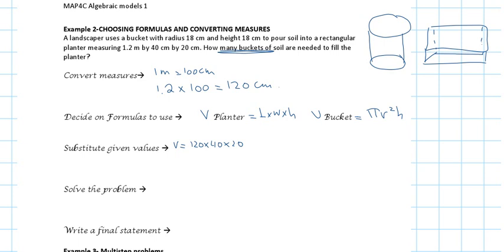And what would be my unit? Centimeters cubed. And then for the bucket, I just do pi times 18 squared times 18. So that gives me 18,321.77, again centimeters cubed.